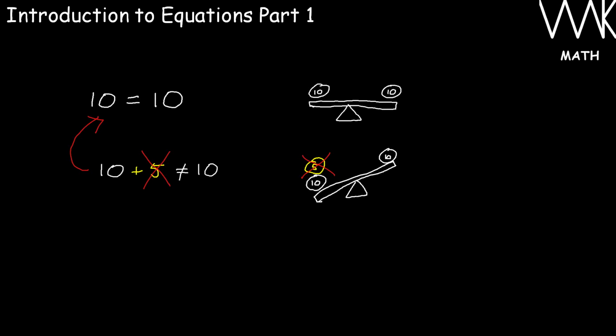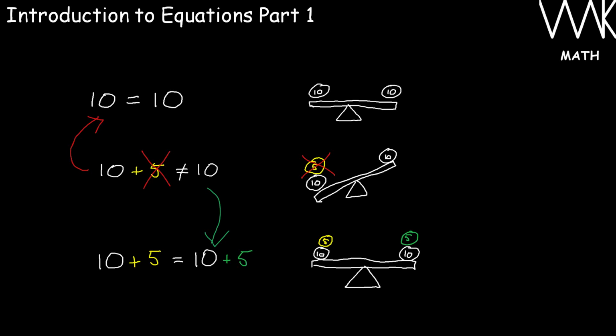There's another way to rebalance this. Notice how we've added 5 on the left side. Now we can actually rebalance this equation by adding 5 on the right side as well, because if we added 5 on the left side, we add 5 on the right side, it becomes perfectly balanced again.